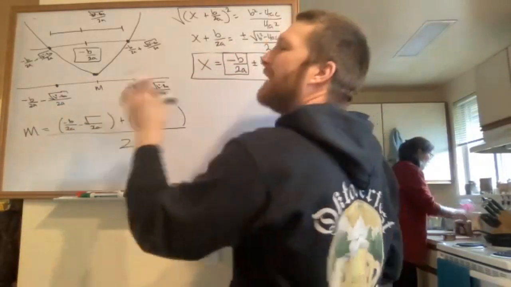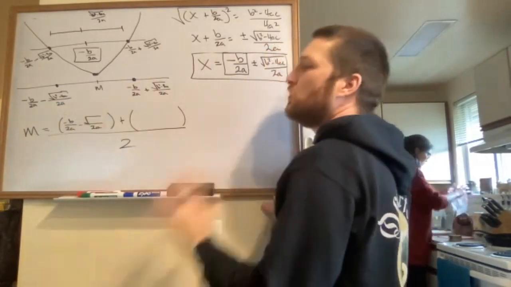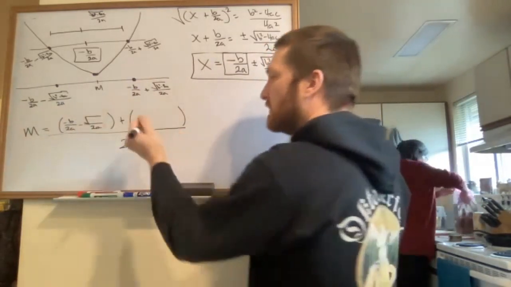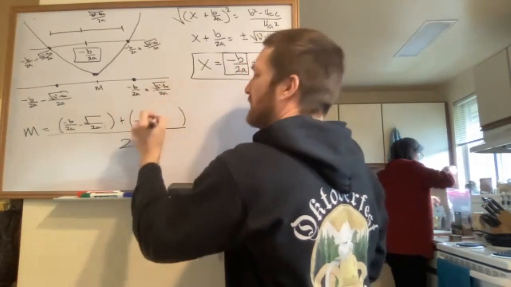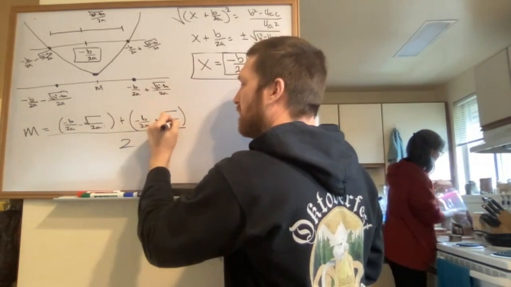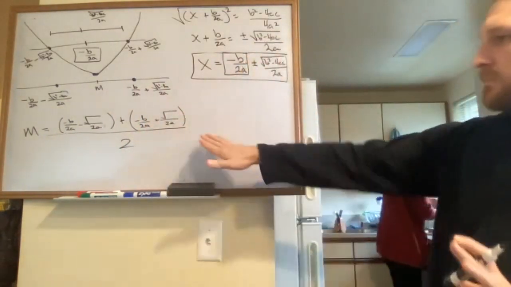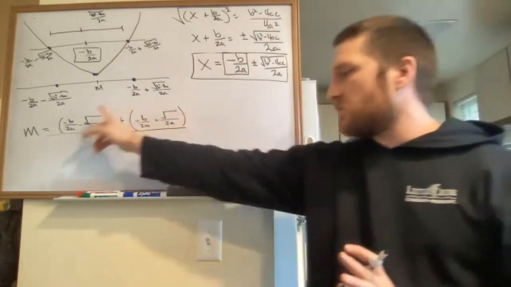And I'm not going to waste my time filling in the b² - 4ac. You know what it means, I know what it means. It's there. The other is -b/2a plus the stuff. Okay, that's the midpoint.